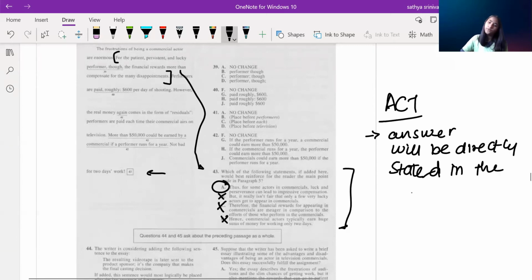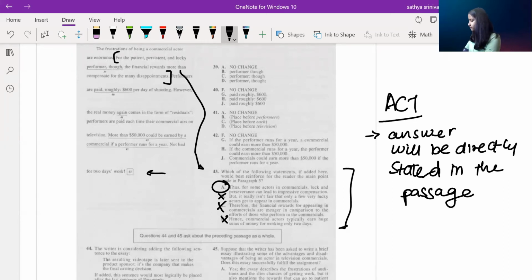So that's just a tip for the ACT. Especially when we go to the reading passage, it'll directly be stated there. You have to search. For the reading, there are no inferences, like coming up with a conclusion yourself. It's just look at what's in the passage, try to find it, and try to answer questions based on the passage. That's all it is.